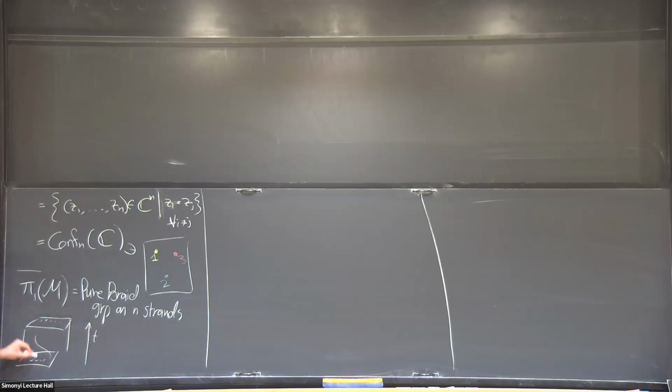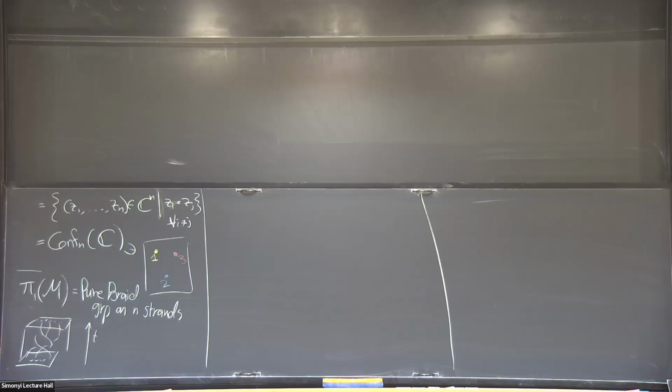And as the points are moving around, we're going to do some kind of braid motion. And the group operation here is exactly the concatenation of loops. Right, so these are interesting spaces.